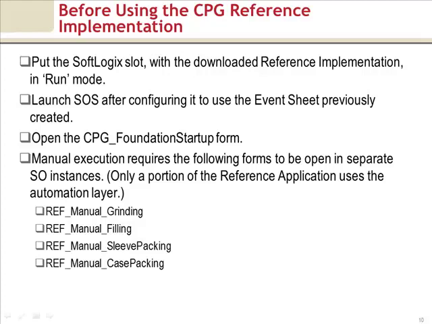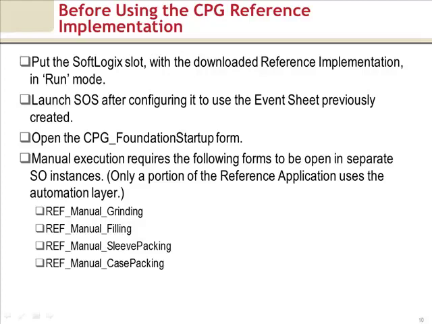Shop Operations Server must be configured to use the event sheet that was previously created for Foundation Server, and Shop Operations Server must be launched. It is important to open the CPG Foundation Startup form in Shop Operations so that we can perform order management and order execution.